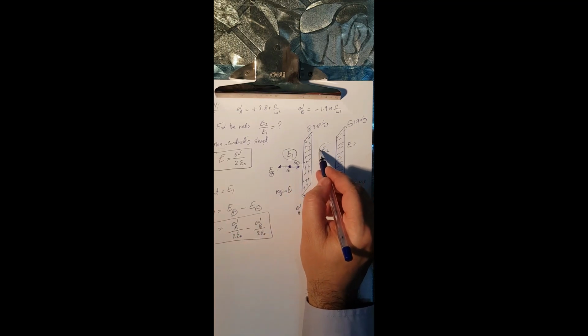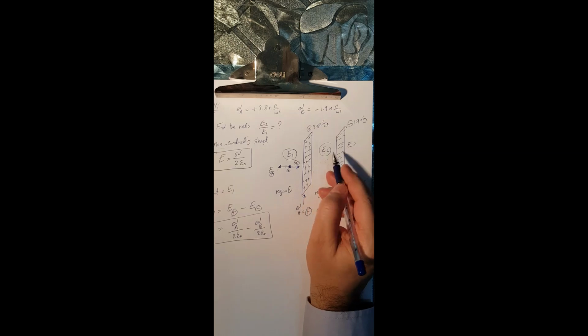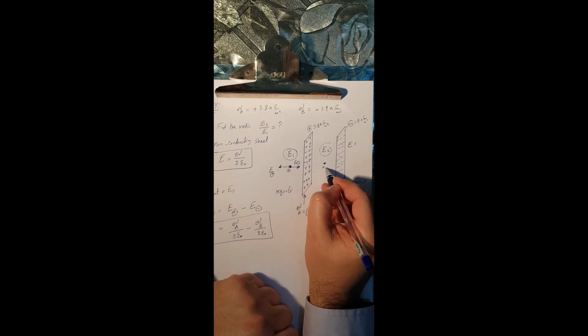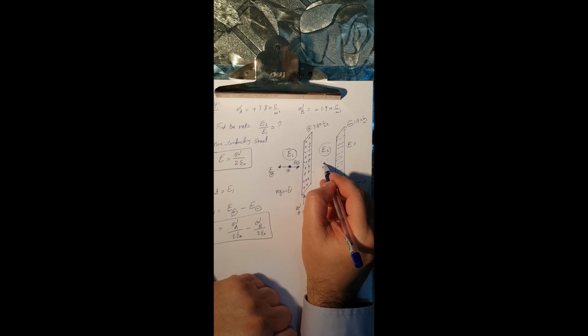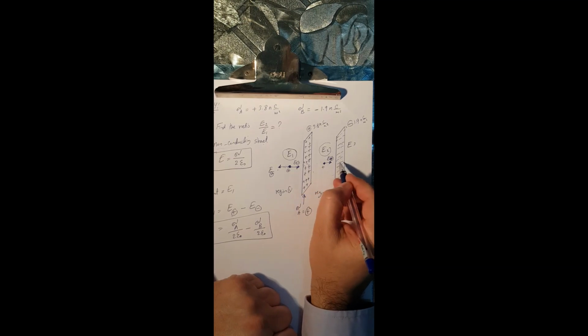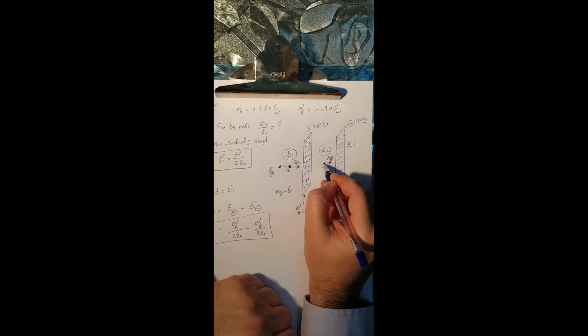Now we have to find the electric field in region 2. If I take again a positive test charge and draw the effects of both plates: positive, positive, repulsion, so E positive is this way. Negative, positive, this way as well, attraction.